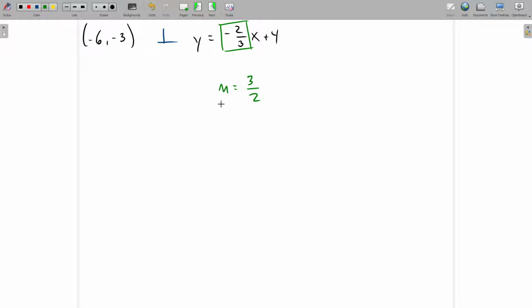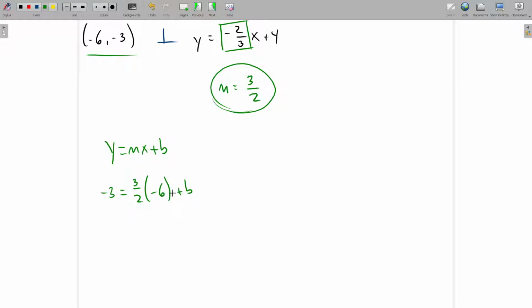As soon as I identify what the slope is, we have the slope and we have the point. So again, we can use y equals mx plus b, plugging in the y of negative 3, the 3 halves for m, and negative 6 for x, and we can solve for b. Right, so negative 3 times 3 halves is going to give us negative 9.